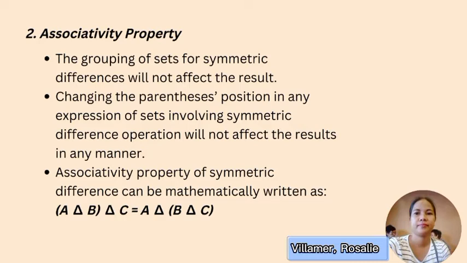Changing the parenthesis position in any expression of sets involving the symmetric difference operation will not affect the results in any manner. The associative property of symmetric difference can be mathematically written as the symmetric difference of A with respect to B, delta C, is equal to A delta the symmetric difference of B and C.